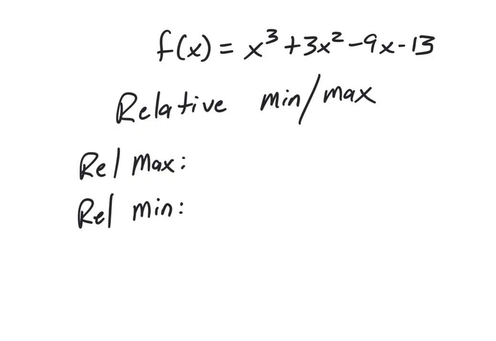This one has a maximum of 14, and that happens at x equals -3. And then we do the same thing for the minimum, x equals 1. And that would be our minimum and maximum.